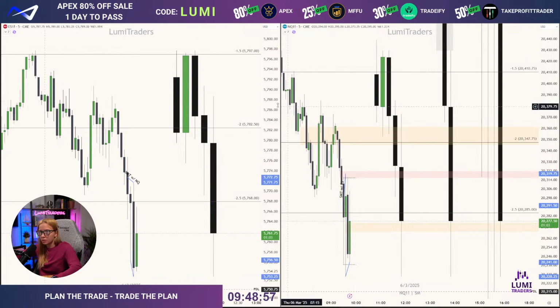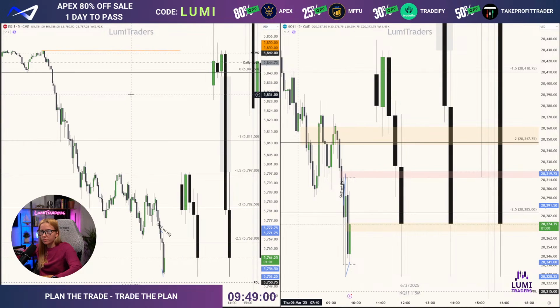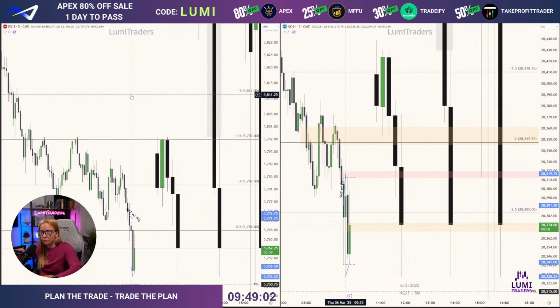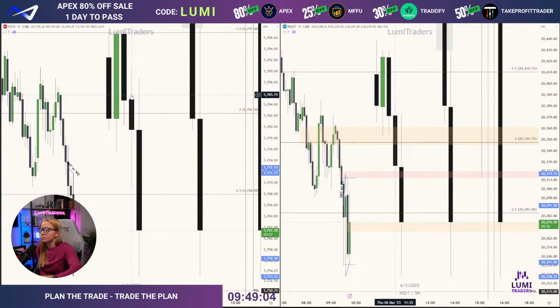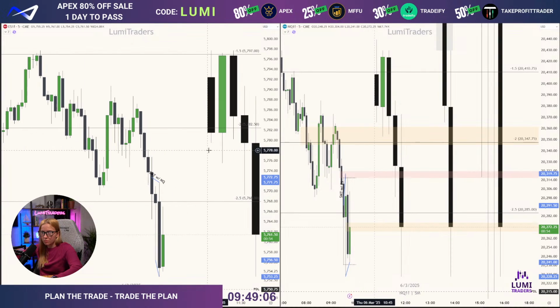Just SMT between ES and Q. So candle T right here. Was trying to hold this FVG as well as this fair value gap right here.